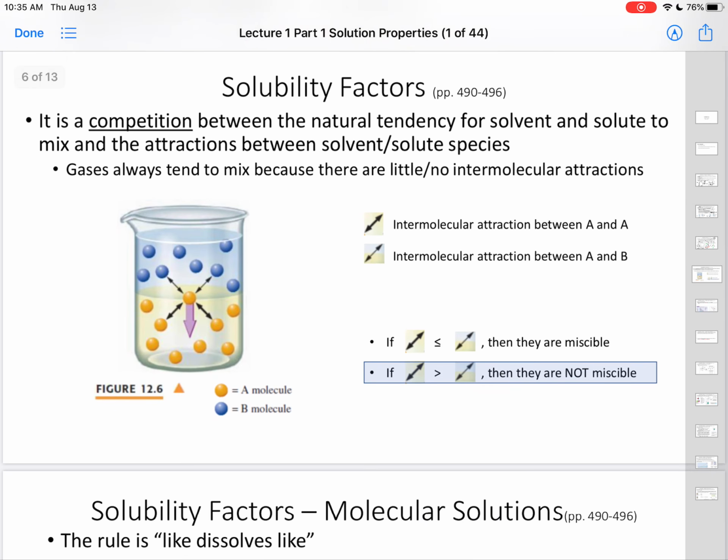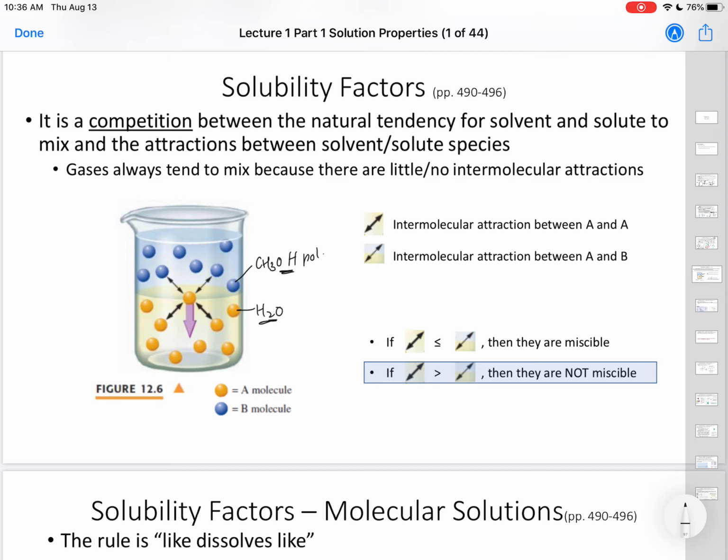The reason for "like dissolves like" is because of the attraction between similar species. For example, a nonpolar species is very much attracted to a nonpolar species, whereas a polar species is very attracted to a polar species. So let's look at an example. Let's say that this is water, and this is methanol, because this has the OH group.